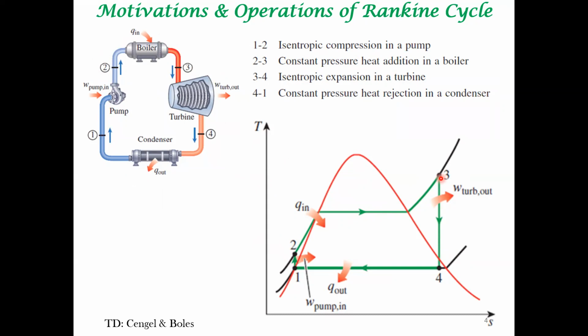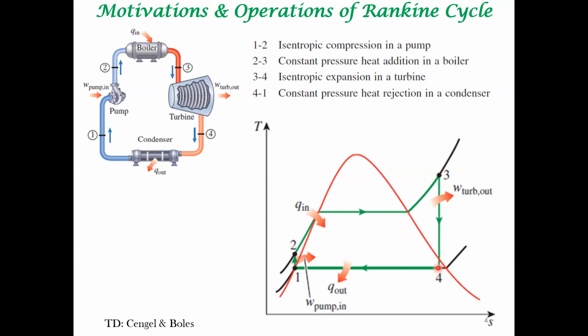What is the advantage of doing it this way? Once you are at this point, when you do an isentropic expansion in a turbine, you still are close to high quality steam, right? So you are not somewhere here, you are very close to this point.